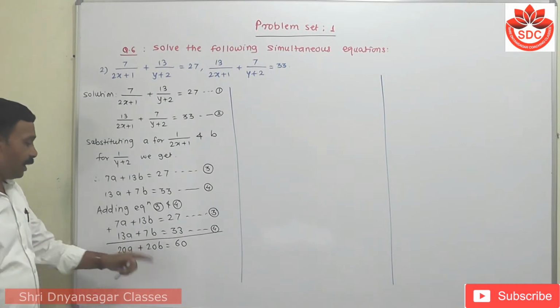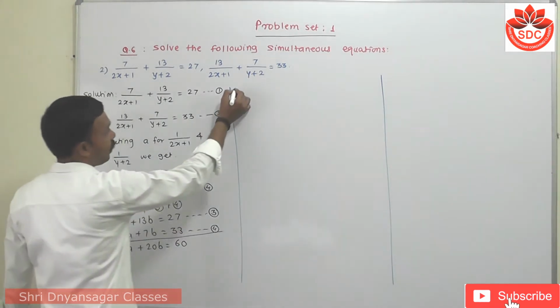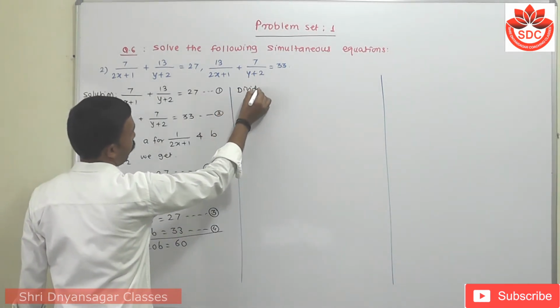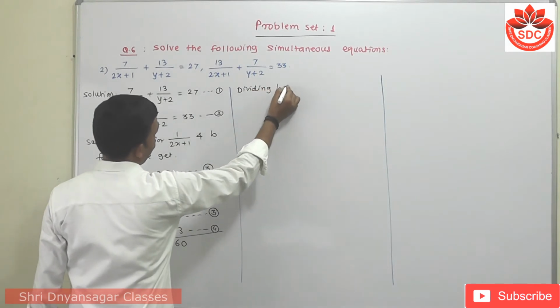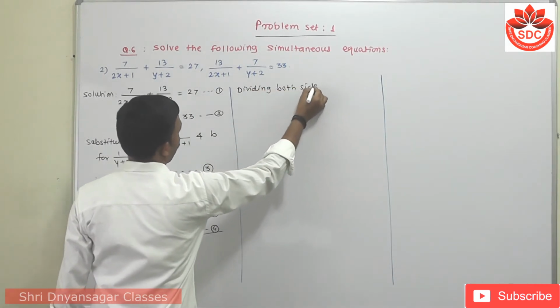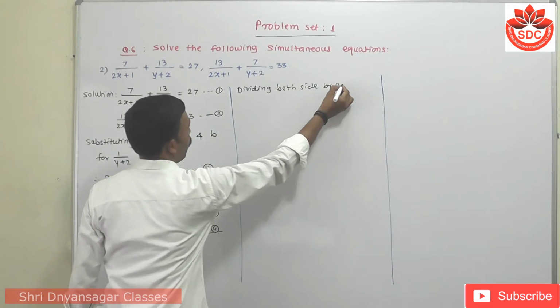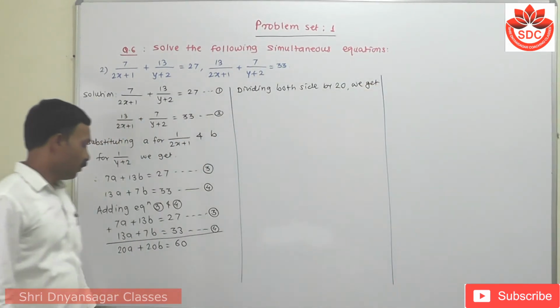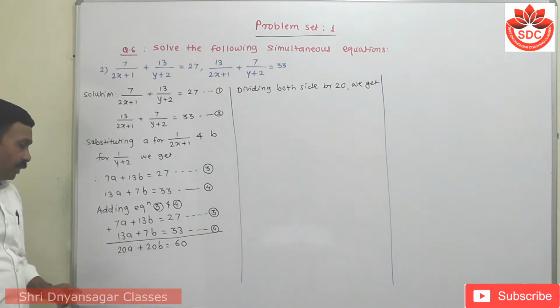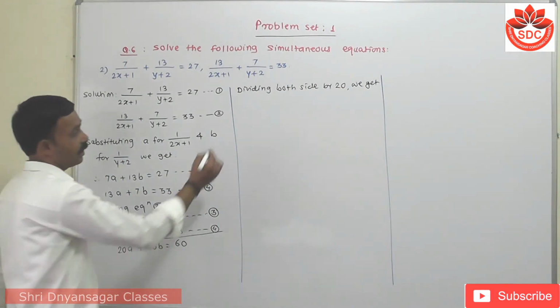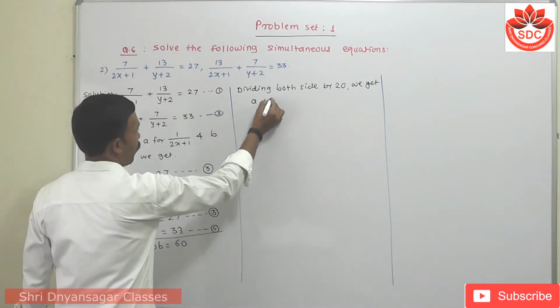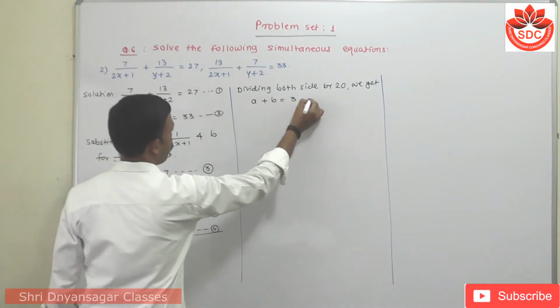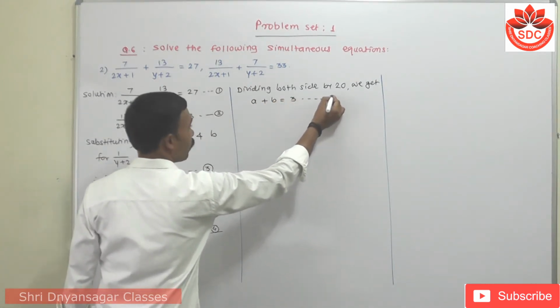Now we can divide both sides by 20, then we get a plus b is equal to 3.